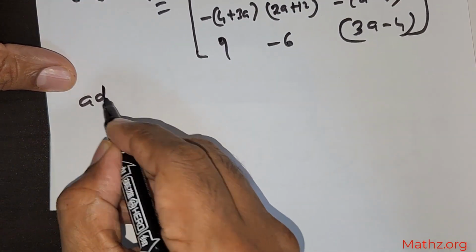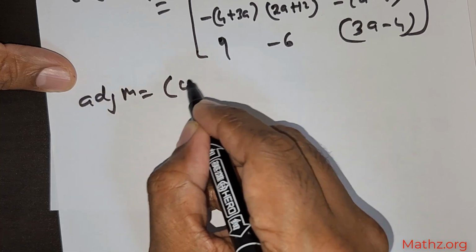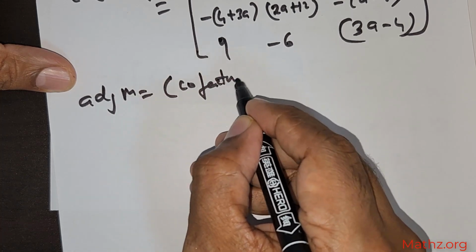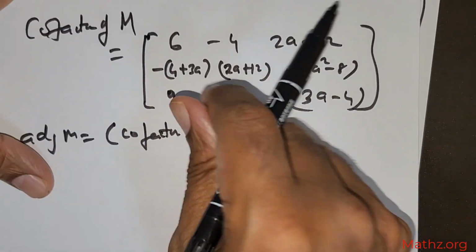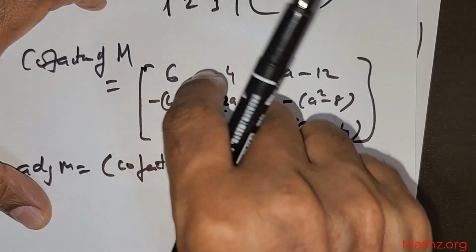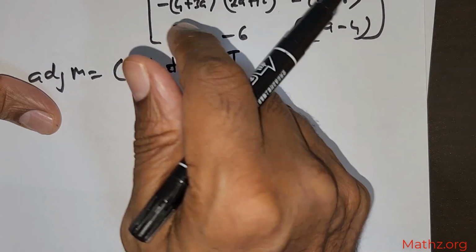Now the adjoint of M is nothing but the cofactor of M transpose. So you need to take the transpose of this matrix. That means all the columns will become the rows.